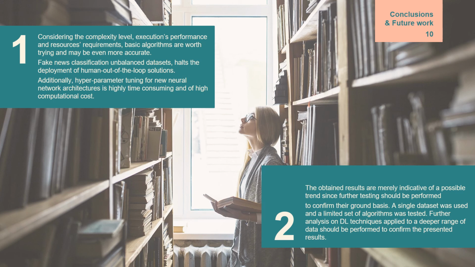We have concluded that the simple model based on TF-IDF and a support vector machine determines the best score. This can be considered as evidence of the high importance of the size of the dimensional space provided by the available data. The obtained results, however, do not draw definitive conclusions but are merely indicative of a possible trend, since further testing should be performed to confirm the ground basis.